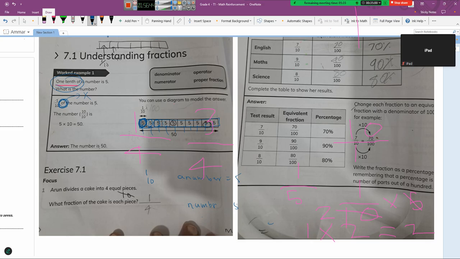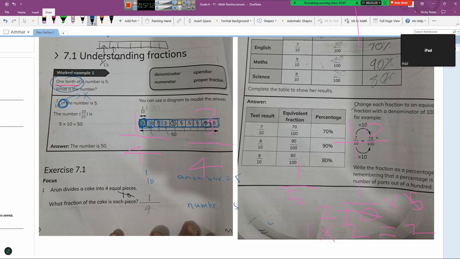Count the 5s. 1 5, 2 5, 3 5, 4 5, 5, 6, 7, 8, 9, 10 5s, right? So if you have 10 5s, what's the total?